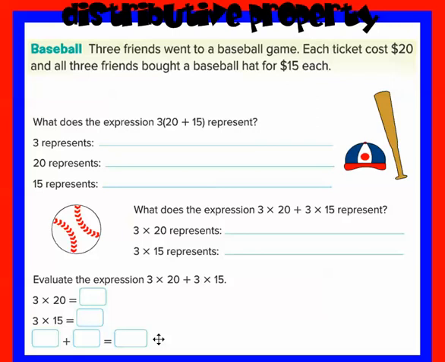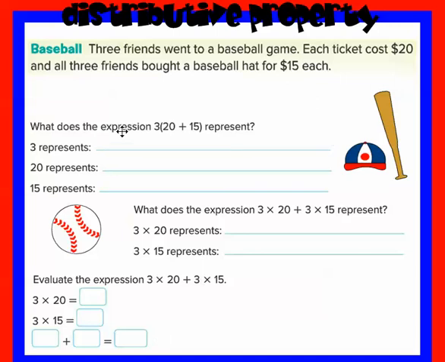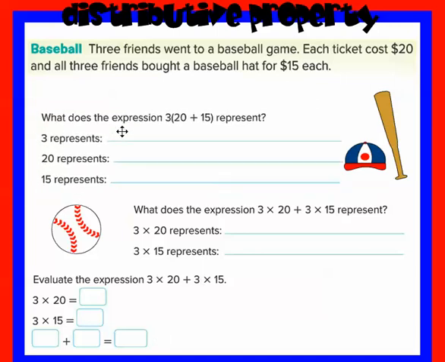So we'll take a look first at the statement 3 times 20 plus 15 and discuss what that's doing to represent our story. Well, our 3 represents the three friends. The 20 represents the cost per ticket.